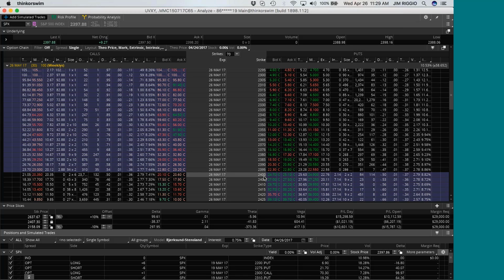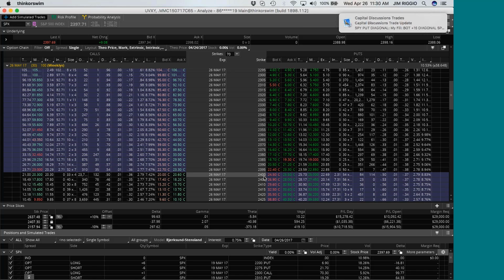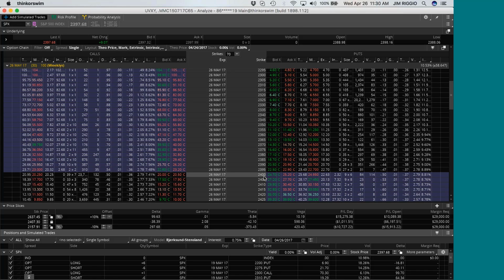Sorry, it's about 25%, right? So it is a very, very high percentage difference between the individual options at the money and the VIX.